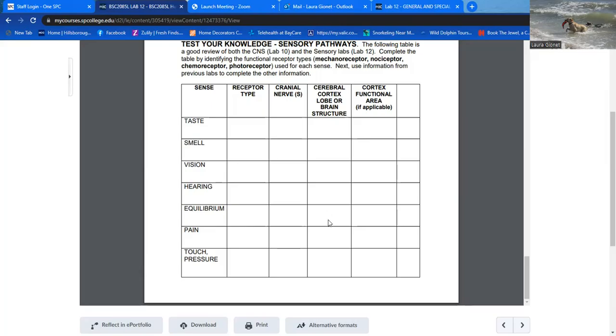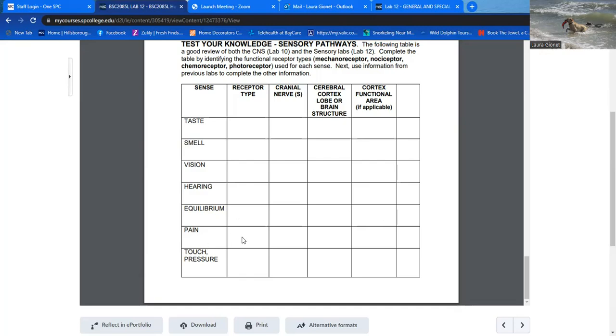Cerebellum. So the brain structure would be the cerebellum. It's shared with other areas of the brain, of course, but it's going to go to the cerebellum. And so therefore, just put an X in the functional cortex area, because it doesn't go to the cortex. It doesn't go to the cerebrum, it goes to the cerebellum. So put an X right there, or just NA.